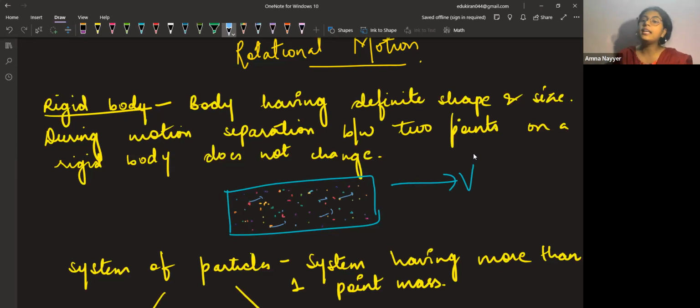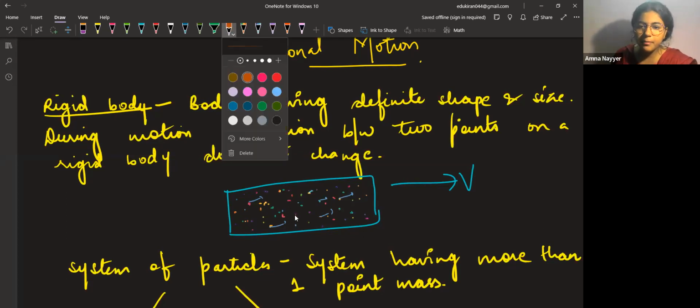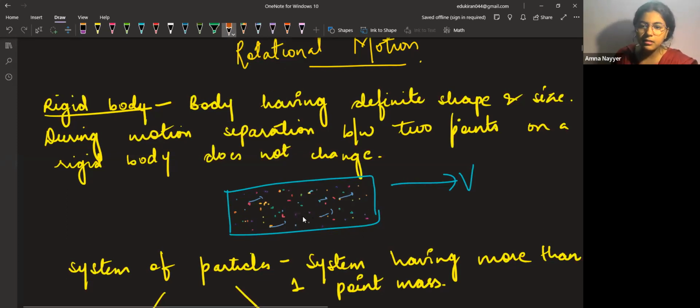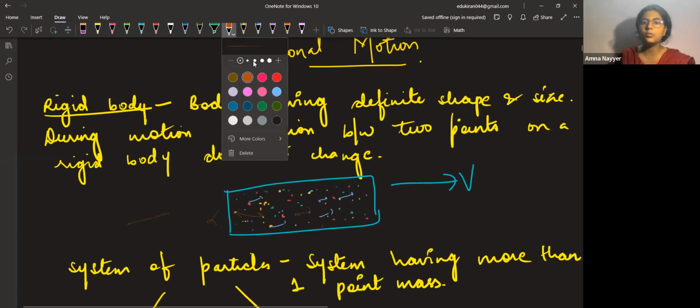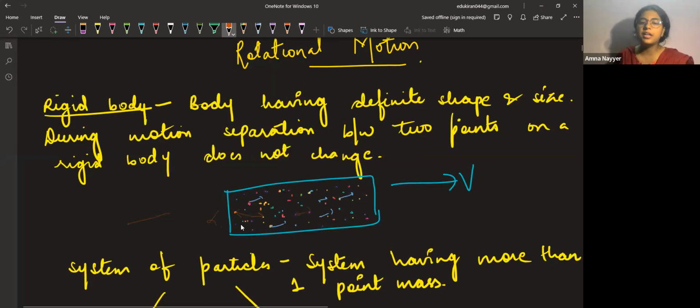But the speciality about a rigid body is that if you see this separation, there isn't any change in the separation between two particles.